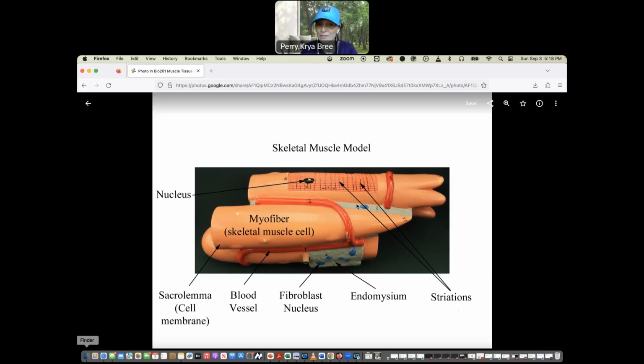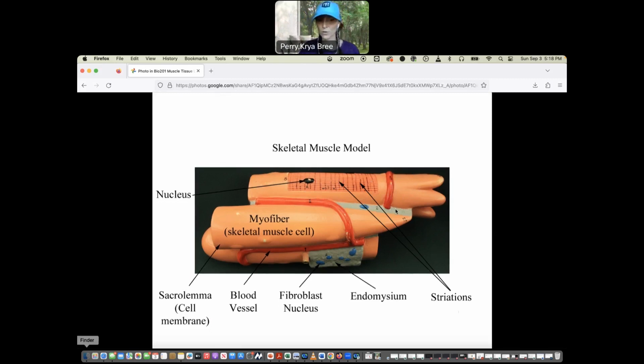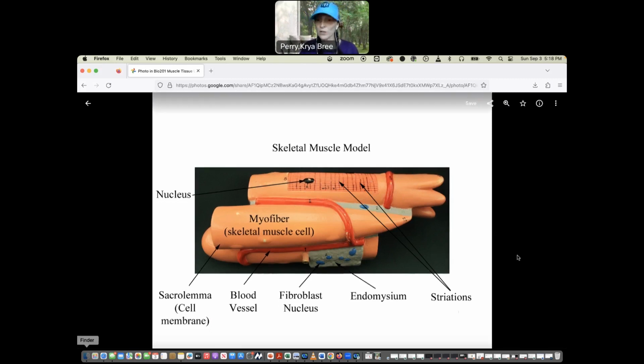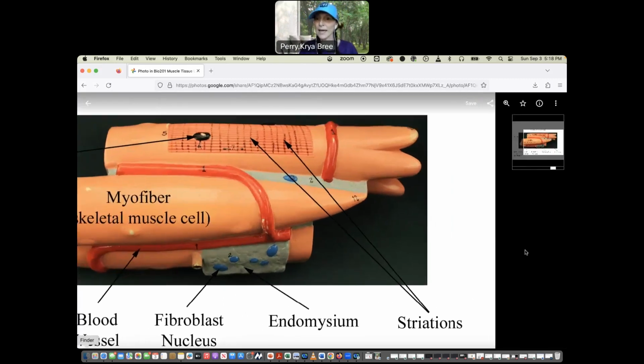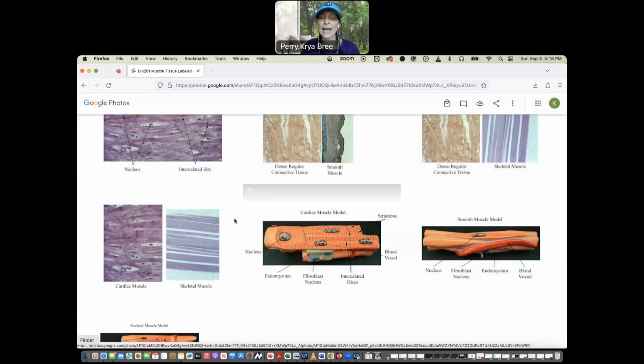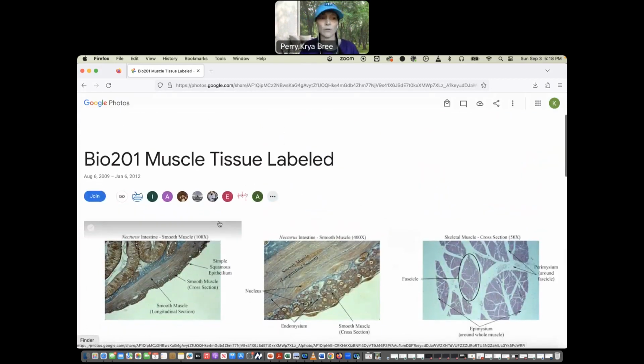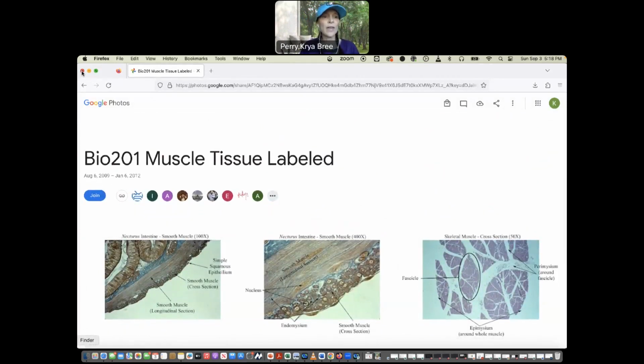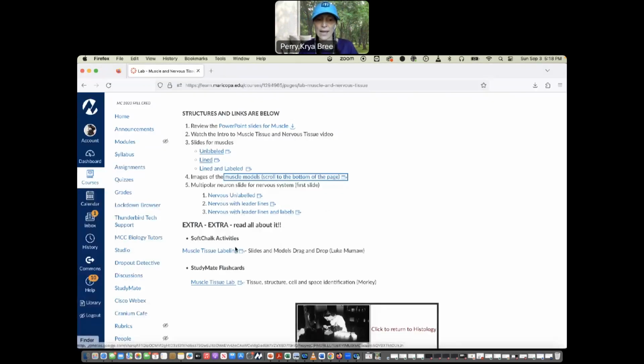And then this gray stuff in between is going to be the endomysium connecting one skeletal myofiber to the next. Okay. So hopefully that will all make sense for you now. So that is the end of those muscle models. That's it. Okay. So then let's go back here and let's go on to nervous tissue.